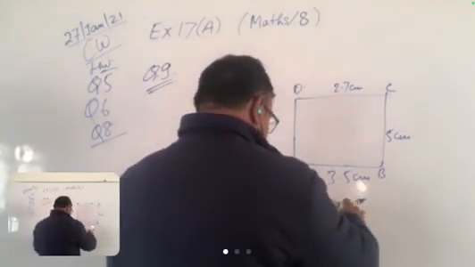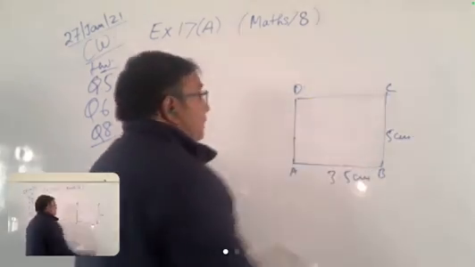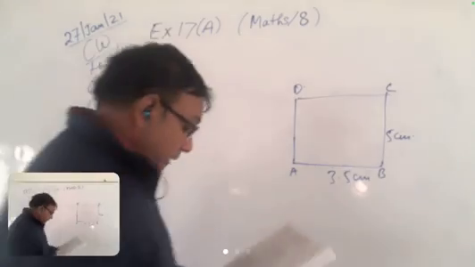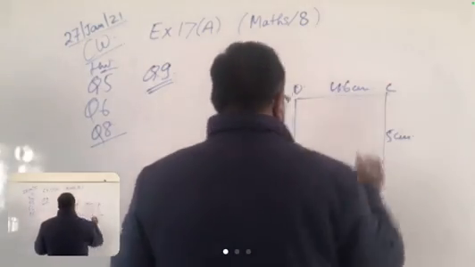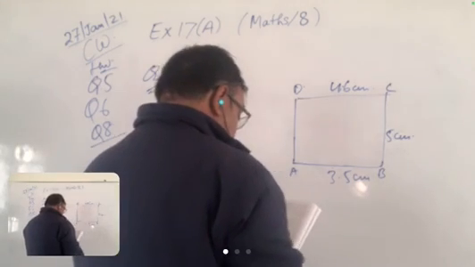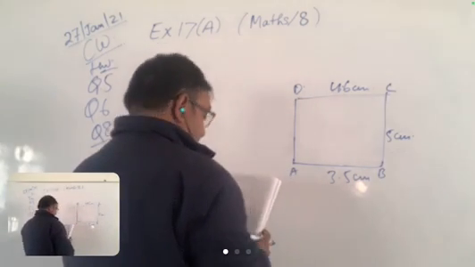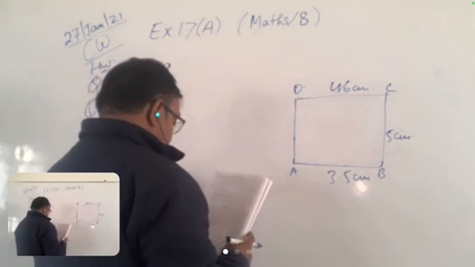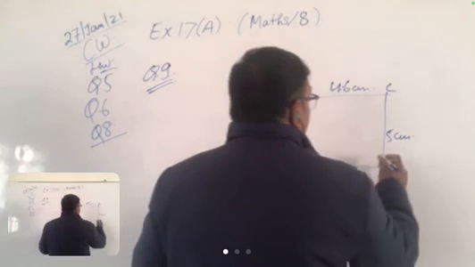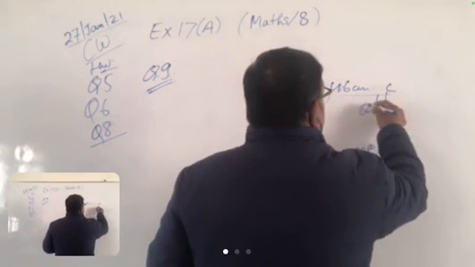This is 3.5 and this is 4.6. CD is equal to 4.6 centimeter, and angle B is equal to 125 and angle C is equal to 60. Okay, this is 125 degree and this is 60 degree.